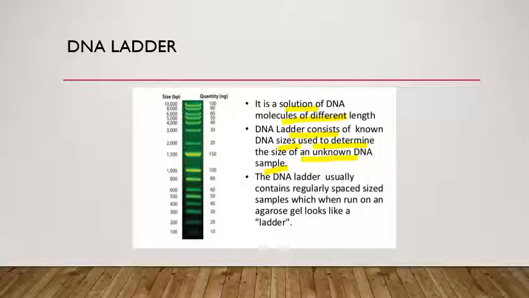So we use the standard sizes, according to which we can find out the unknown sample. The DNA ladder usually contains regularly spaced samples, which when run on an agarose gel appear like a ladder.